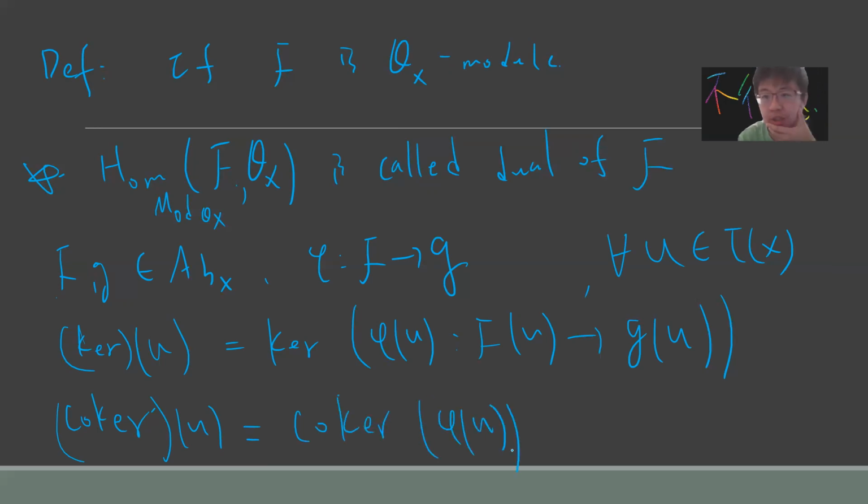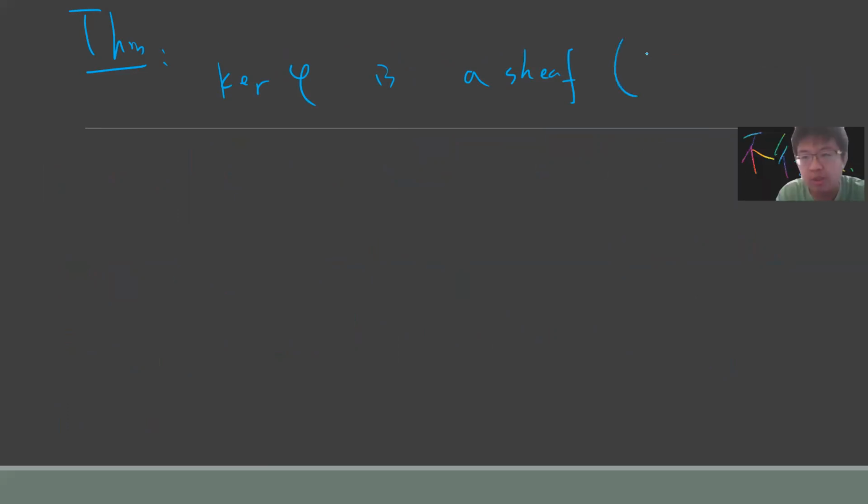Okay, so an amazing thing happens. Theorem: the kernel is a sheaf. You need to prove the sheaf axiom. You can view this as an exercise, or see Hartshorne. I think this is a simple exercise; it is not difficult.